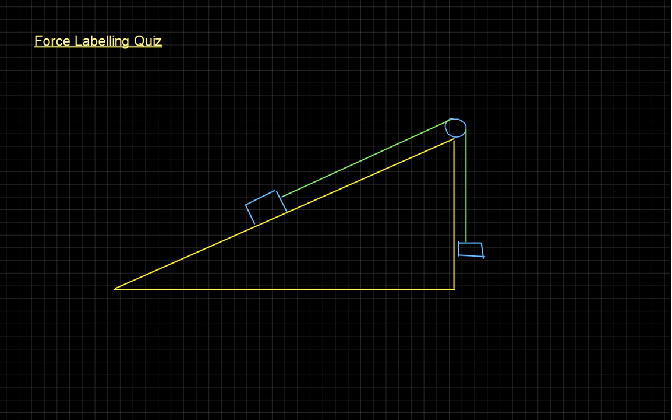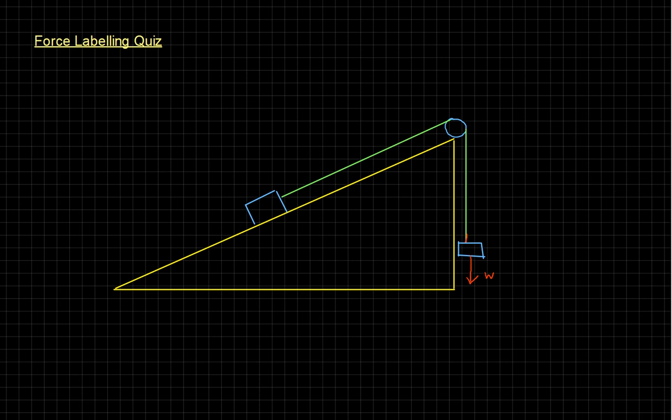Okay, so let's see what forces we can muster up. Let's look at this object here first. What forces have we got on that one? You're going to have a weight. Don't know what it is. Let's call it W. It'll probably be some mass times g, but as a full unknown, we'll just say it's W. On the string, you've got multiple forces.